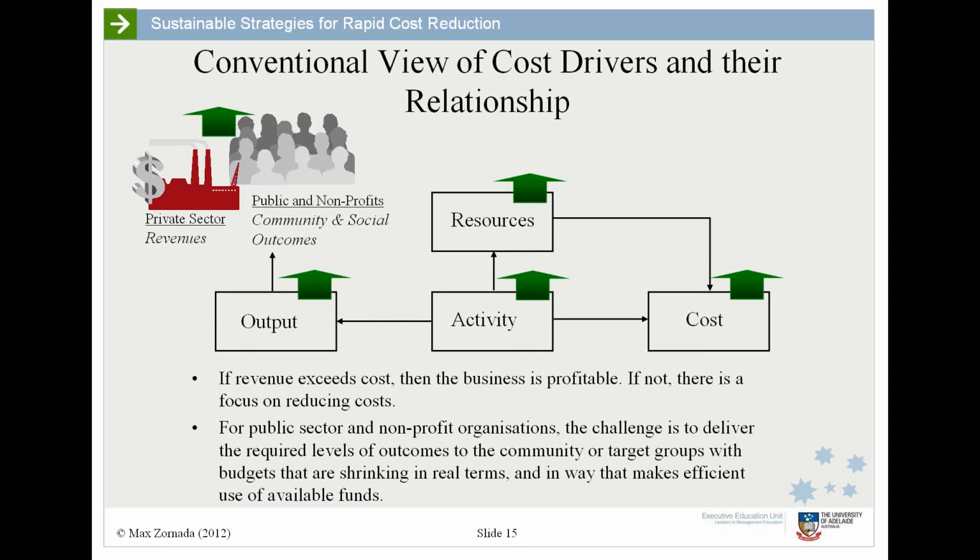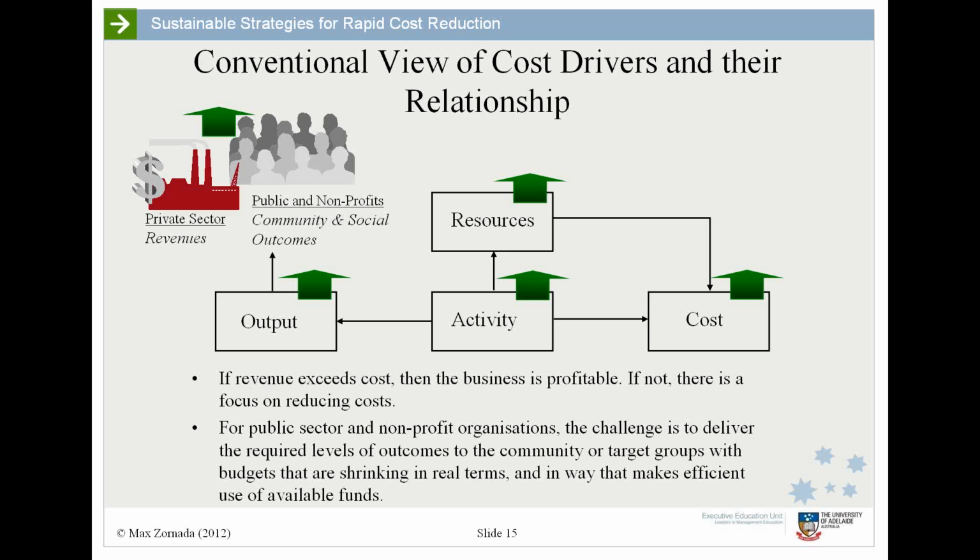So I guess what's wrong with conventional cost cutting, and is there a better way to do it? If we look at the conventional view of costs, it is that the organisation and business activity is used to create the output of the organisation, which in the case of a private sector organisation is directly linked to generating revenues, and in public and non-profit organisations, the outputs of the organisation are creating some kind of community or social benefit that is of value.